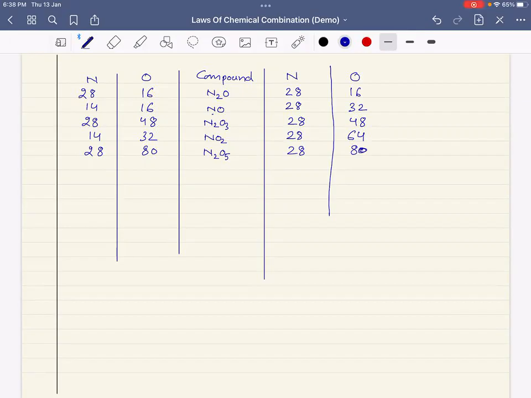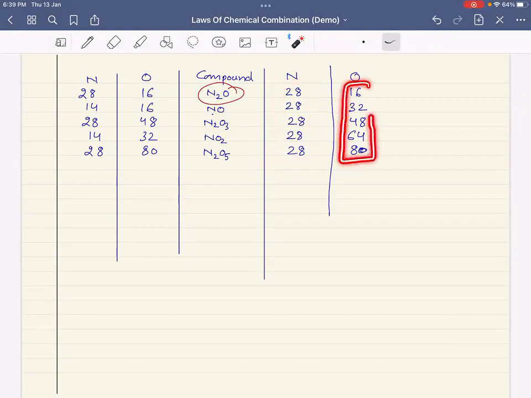Now, if we calculate the ratio of the masses of nitrogen and oxygen in which they combine to form the different compounds like N2O, NO, N2O3, NO2, N2O5, we will find that they combine in a simple whole number ratio. For example, here the mass of the nitrogen is fixed.